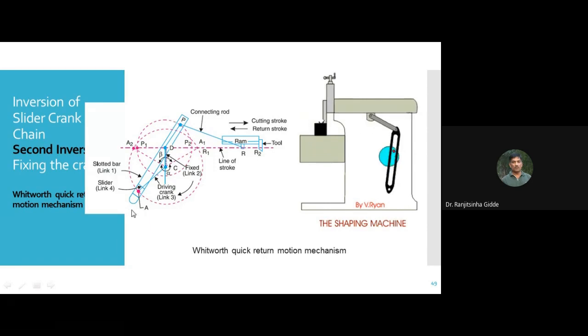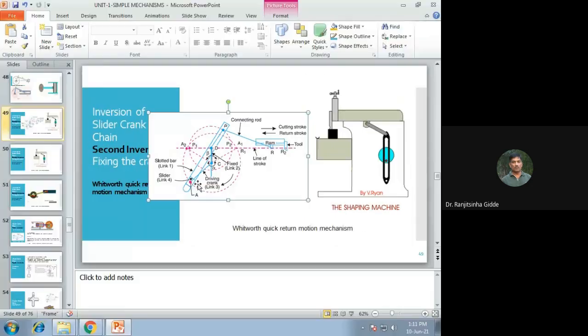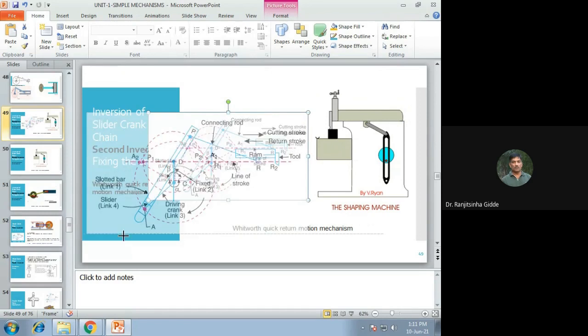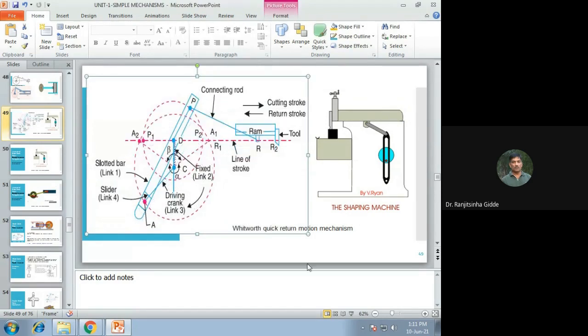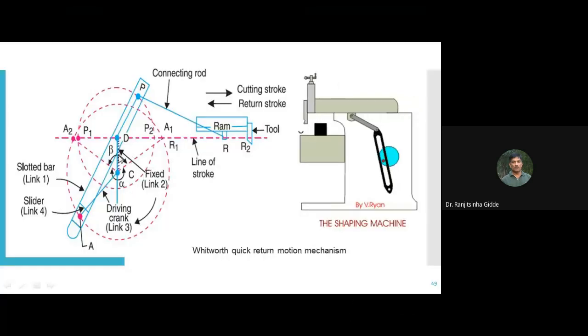So whatever view we have seen for the slider crank's first inversion, here that has been changed. Basically this is obtained by just fixing the second link.